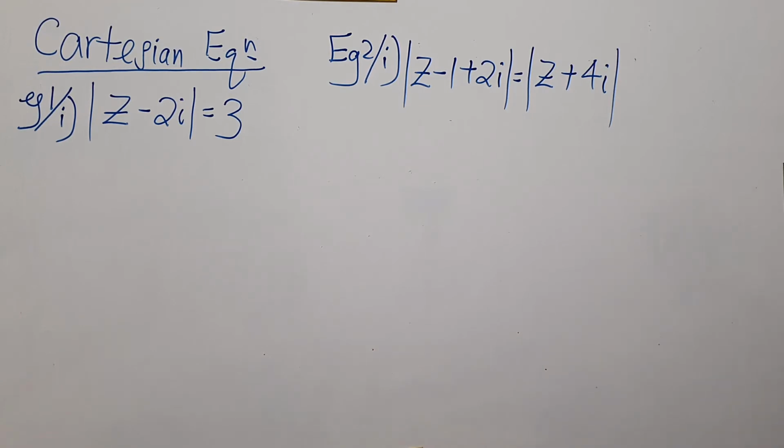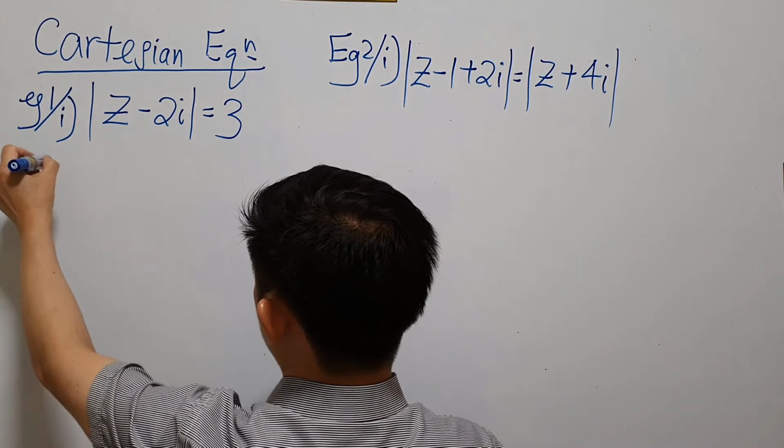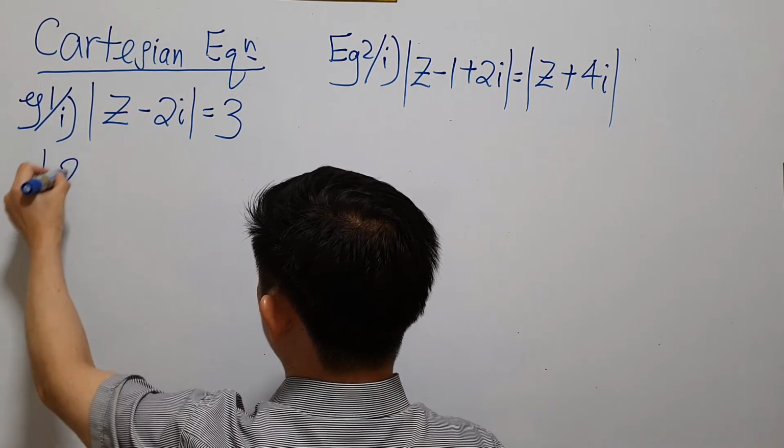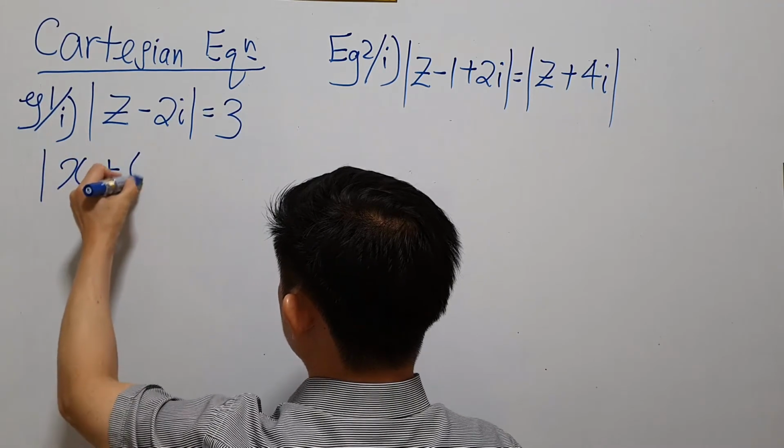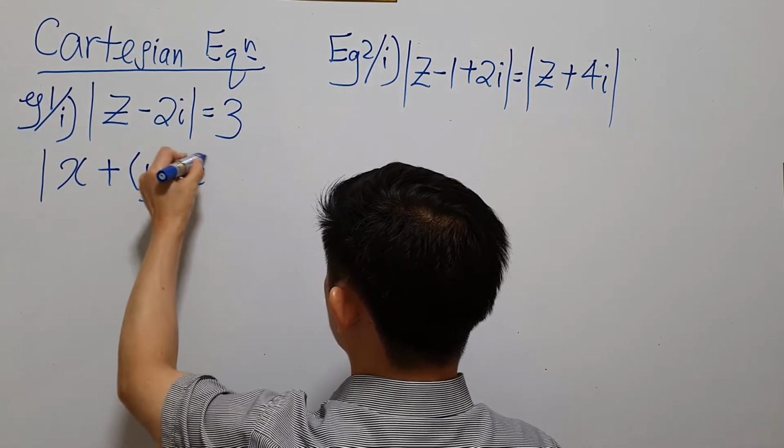I intend to use these examples to show you more of how we can convert into a Cartesian equation. Like the earlier one, to convert into a Cartesian equation, I will first and foremost put z as x plus iy.